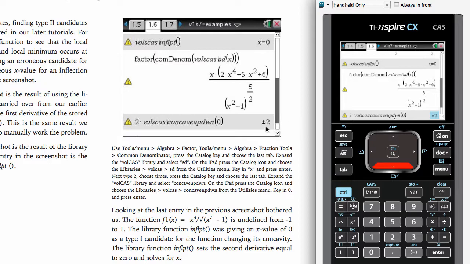Now, when we typed in 0, it said plus or minus 2. So this was telling us that we couldn't show the concave up and the concave down when we're taking a sign of it, because it gave us both of these answers. So again, there's some more hints with how these answers turn out.